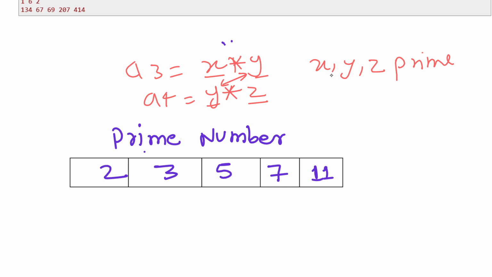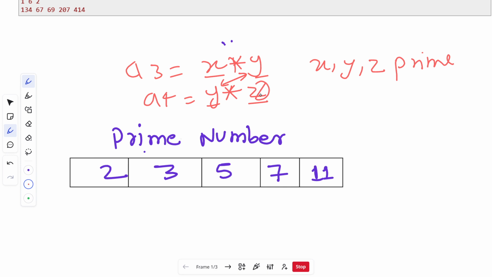Because x, y, z are prime, it is not possible that some factor of z is common with x or y.